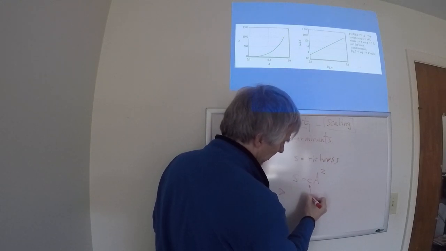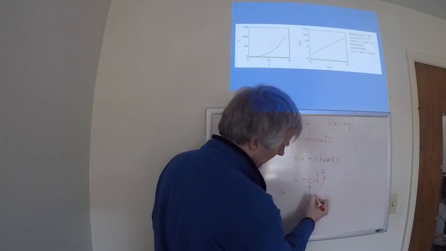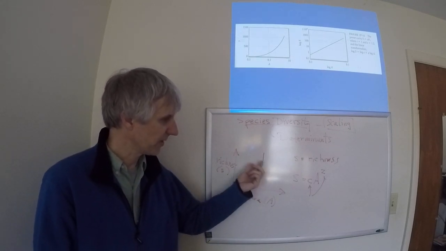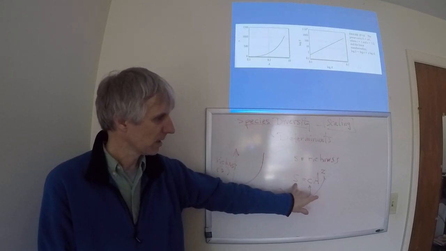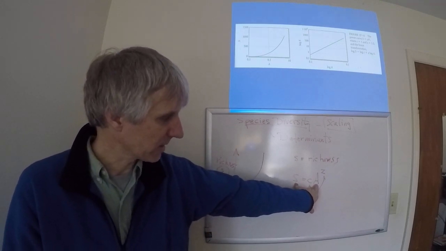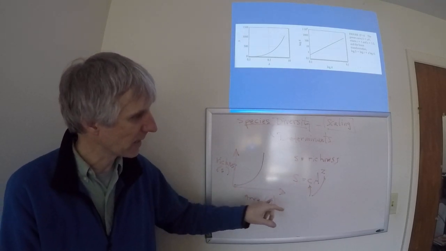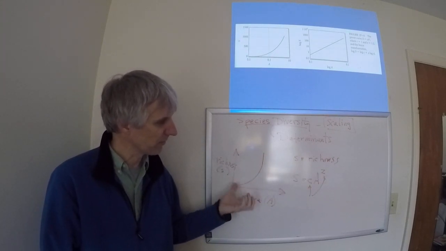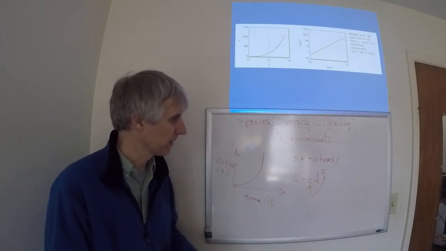But these two are basically just numbers that are used to fit the data. It's really the y and the x variable that are being plotted, and then these two values arise from the curve that best fits that data.